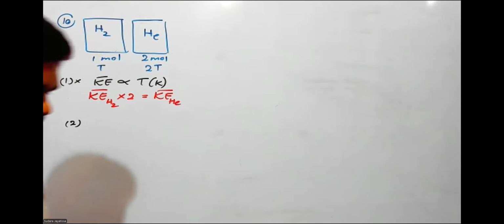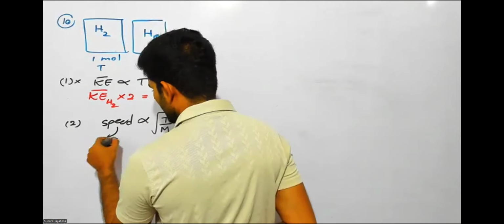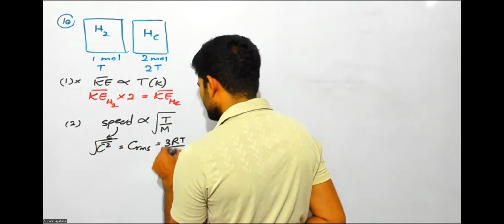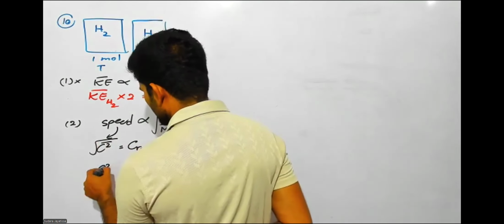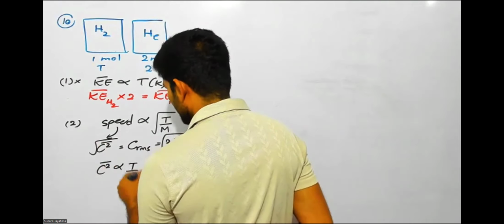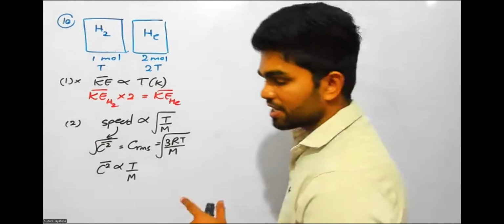Whatever speed we need will be directly proportional to the root of T over capital M. Now this is relevant for the root mean square speed, CRMS, which is the root of 3RT over capital M. But now they are telling us about C square bar, the mean square speed, so that will be proportional to T over capital M.